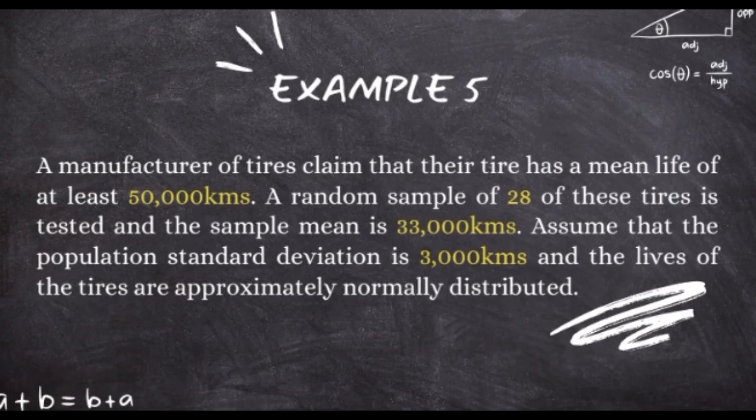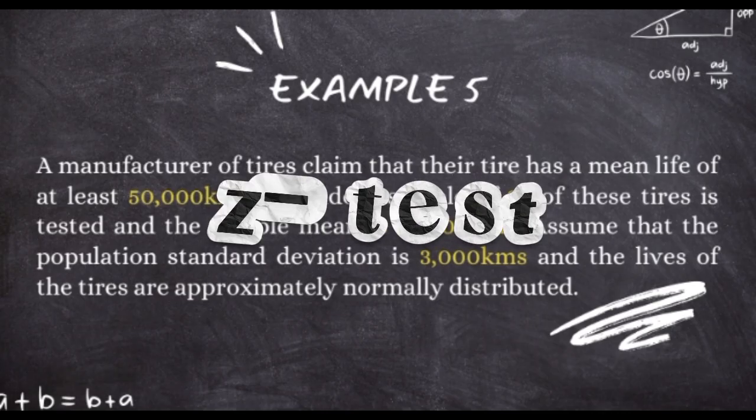In the last sentence, assume that the population standard deviation is 3,000. So the standard deviation is known. Which test will we use? The sample size is less than 30 and the standard deviation is known. So what statistical test are we going to use? We're going to use the z-test.